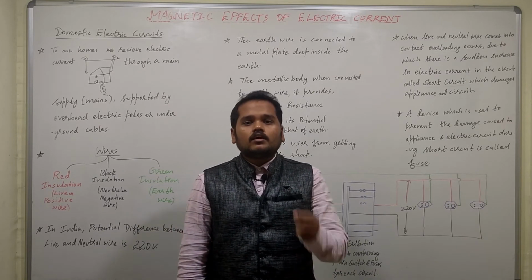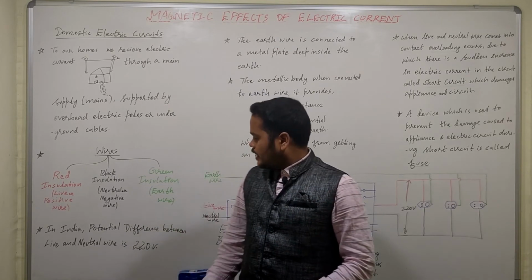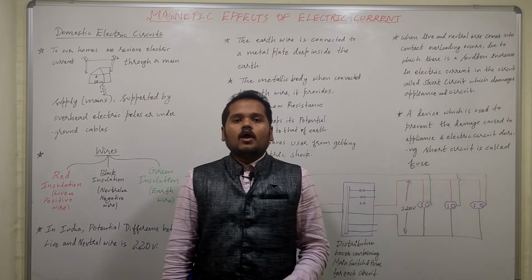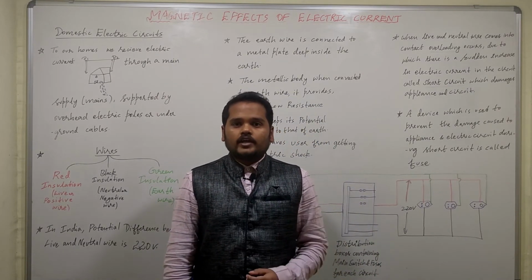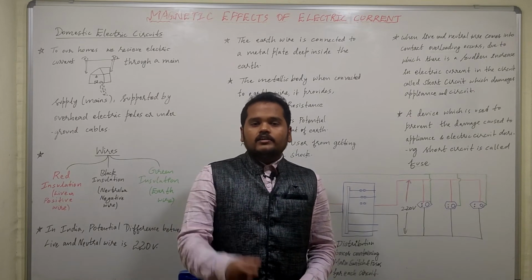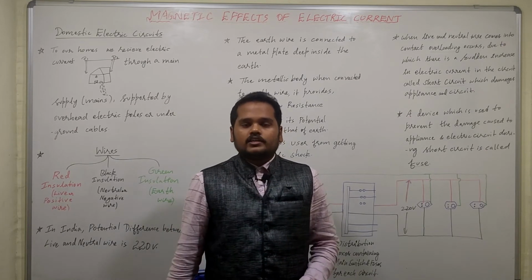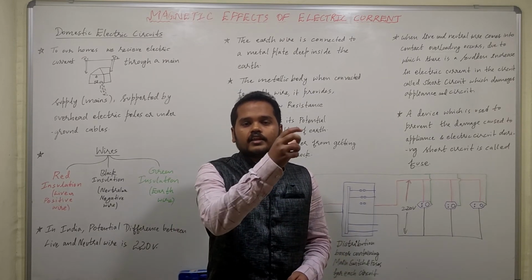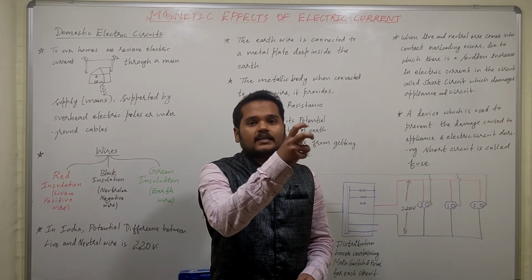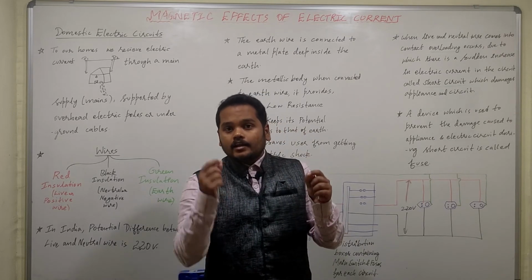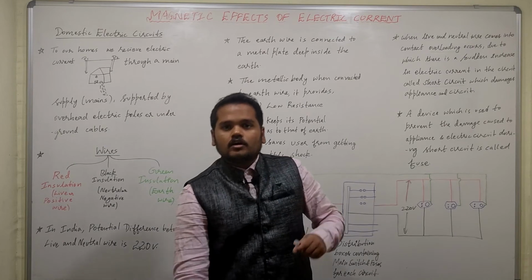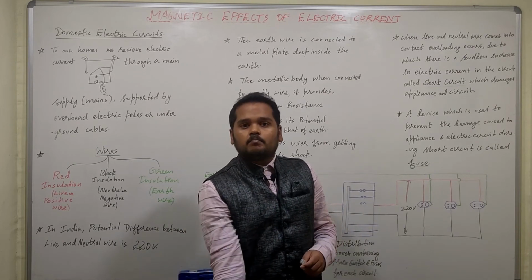Now the earthing is provided by the green insulation called the earth wire. What is the importance of this earth wire? The earth wire is connected to the metallic body of your computer systems or the refrigerators. And again, the wire goes deep down into the earth and there is a metal plate.